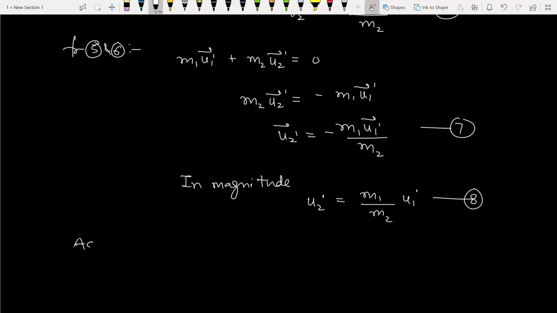So now according to law of conservation of kinetic energy in center of mass frame of reference.